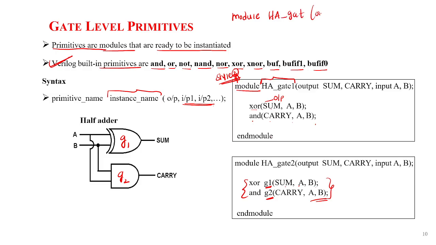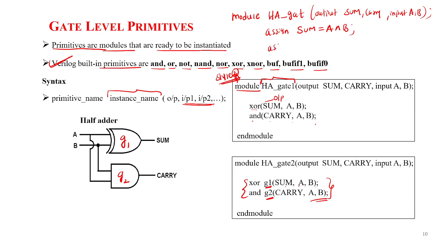What is output? Sum, carry, input A, B. And here I will use a continuous assignment statement. What is the continuous assignment statement? Assign sum equal to A XOR B.